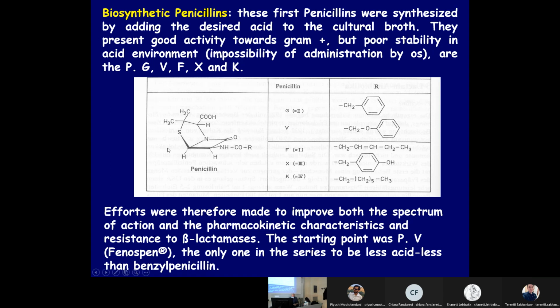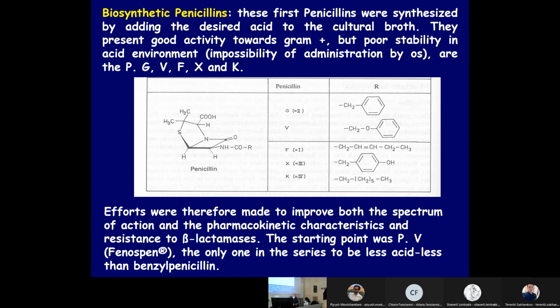You see here the chemical structure, you see the R substituent here. In our case, R is represented by a phenyl and a methylene group. This compound is called benzyl penicillin, also called penicillin G.